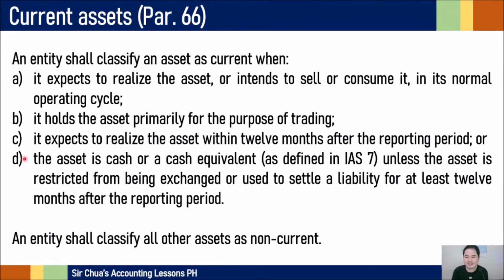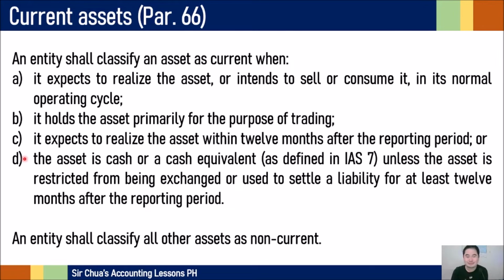Talagang segregated for restriction, eh hindi mo siya pwedeng i-report na current asset. Okay, parang ganon. Unless the asset is restricted from being exchanged or used to settle a liability for at least 12 months after the reporting period. So basically, pag may restriction, di na siya cash and cash equivalent talaga. Okay? Pwede pa rin siya maging current, pero hindi na cash and cash equivalent.